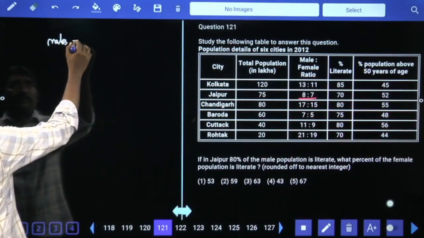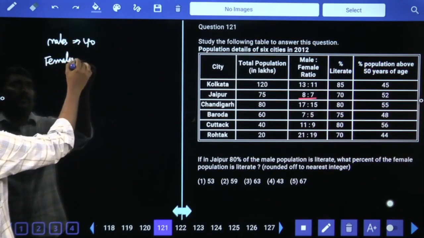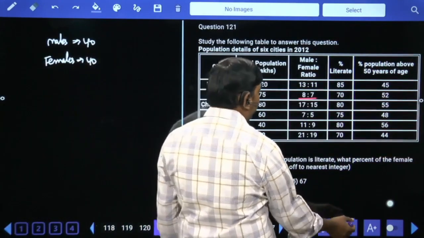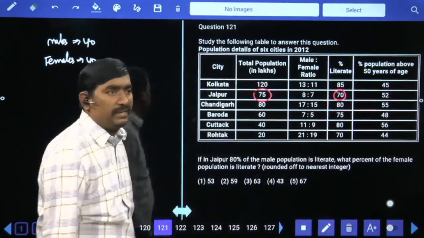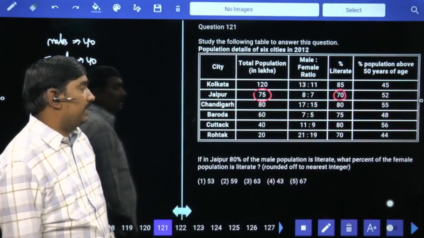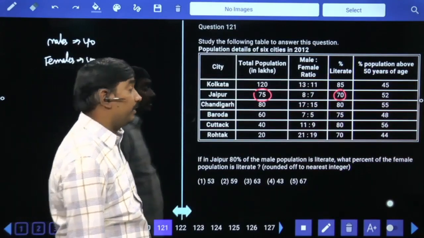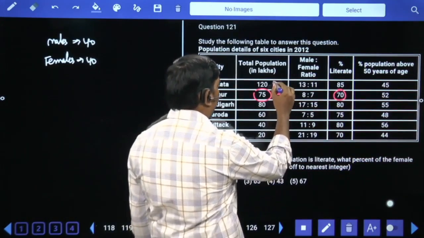Males are 40, females are 35 lakhs. And total literates are 70%. 70% of 75, that is 3/4 of 70, 210 by 4, means 52.5 total literates.